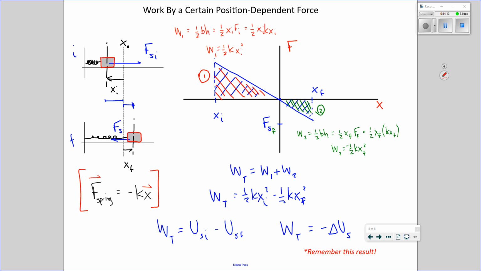We don't need to really integrate because we can just use geometry, right? And there's the amount of work for part of it, and here's the amount of work for the other part. And we add those two amounts of work up, and we get this. And most of us recognize that.